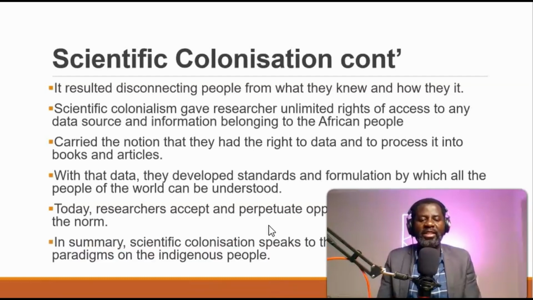In summary, scientific colonization speaks to the imposition of positivist paradigms on indigenous people. Research on or among indigenous people was carried out using positivist paradigms, which are Western, which are Eurocentric, and these are imposed on people, and the data collected from such people is interpreted using the lenses of the Europeans who came.